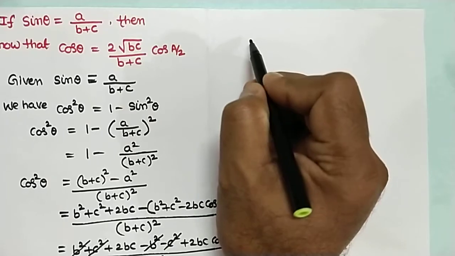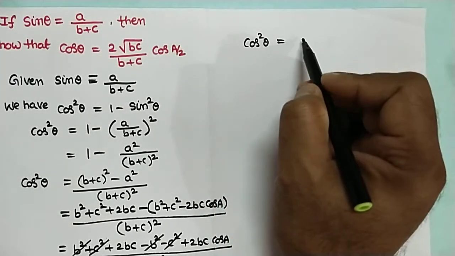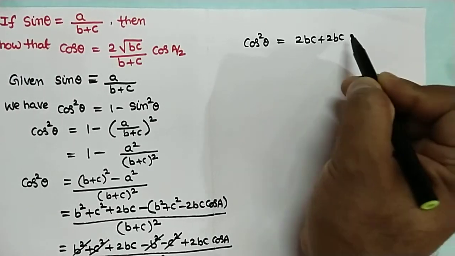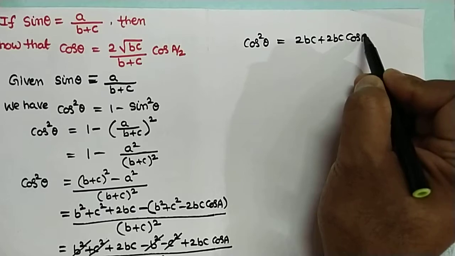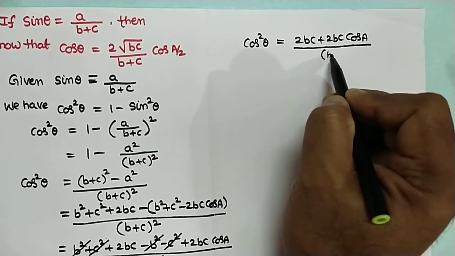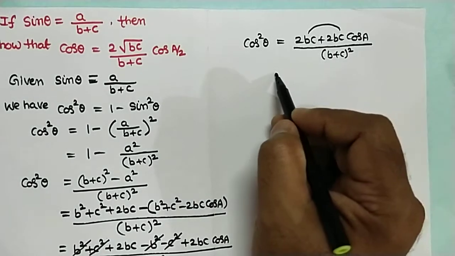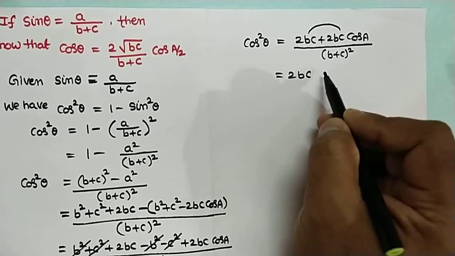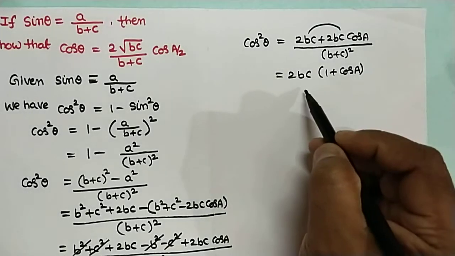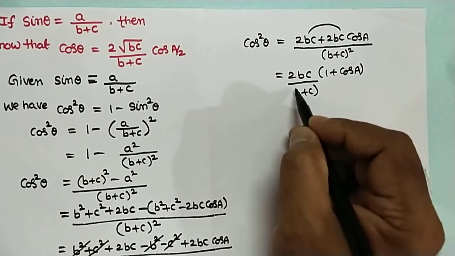So now cos square theta equal to 2bc plus 2bc cos a divided by b plus c whole square. Taking 2bc common, 2bc into 1 plus cos a divided by b plus c whole square.